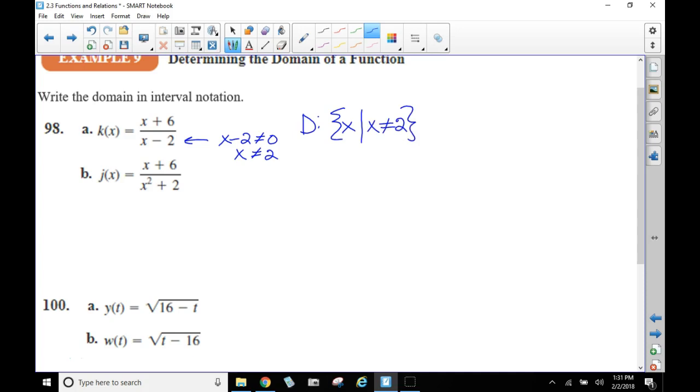Or if you want to state that in interval notation, and we better do that because that's what our directions asked for. What you're thinking about is for your domain, it's going to be all the values on your number line except for 2. And so that would consist of everything from negative infinity up to 2, unioned with everything from positive 2 to infinity.